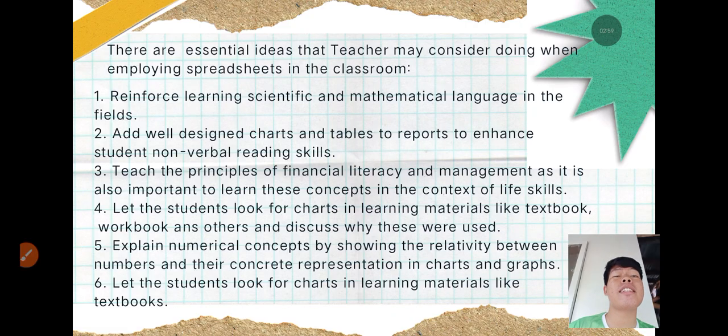Number five is to explain numerical concepts by showing the relationship between numbers and their concrete representation in charts and graphs. Number six, let the students look for charts in learning materials like textbooks.